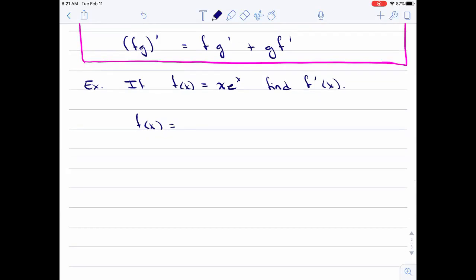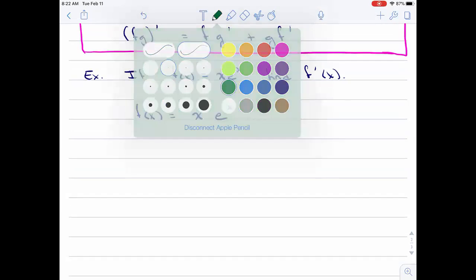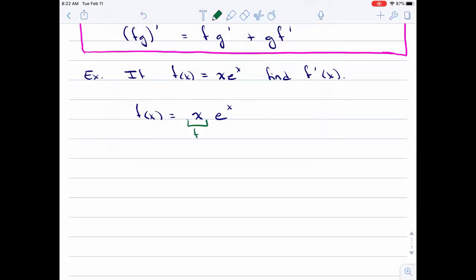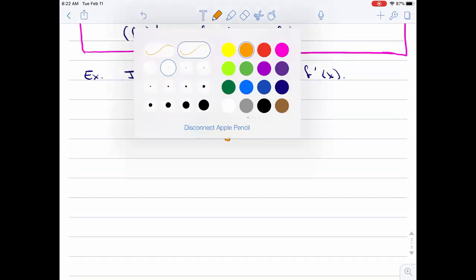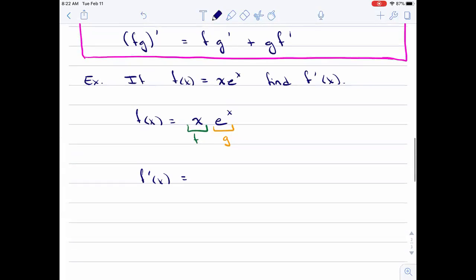There's no mystery. So if f of x is x times e to the x, then we can talk about x as being essentially our f and e to the x as being our g. Even though f is already in there, it doesn't really matter. So then f prime of x, if we use just prime notation because it's a little bit easier to look at, is fg prime plus gf prime.